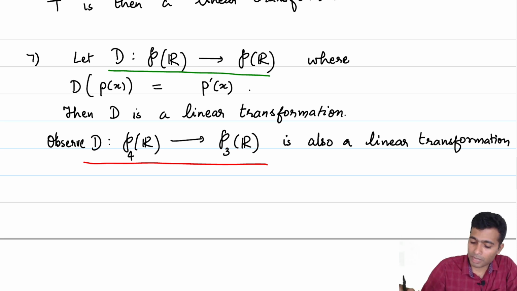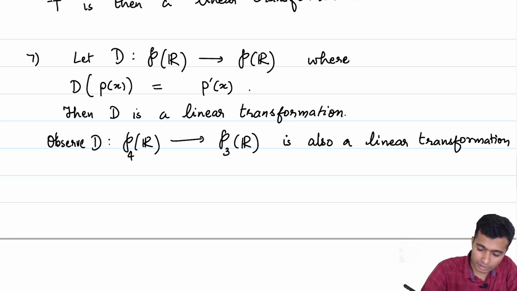So, even though the map is the same, I did not write the map, but the map is exactly the same. What is the map? The map is basically where D of P of x is the same thing, the derivative.